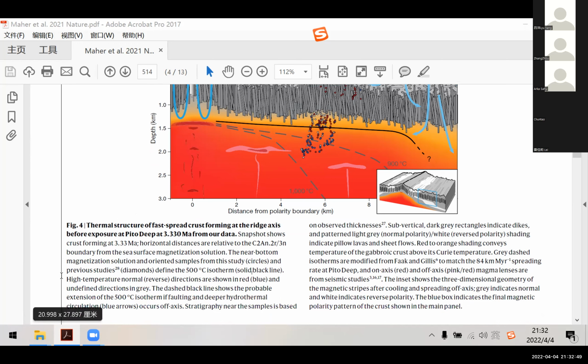I think one thing that they didn't tell, but which is well known in the geomagnetic community, is that for the polarity of these magnetic stripes, we do know the standardized form.